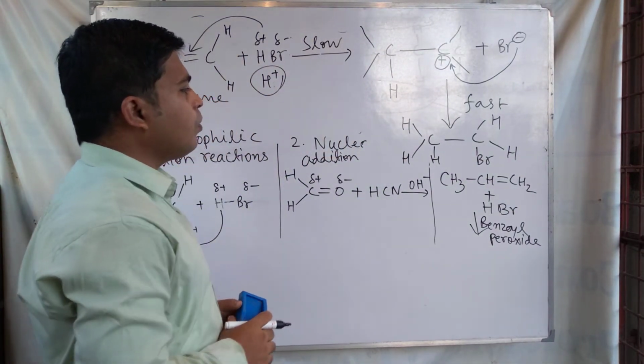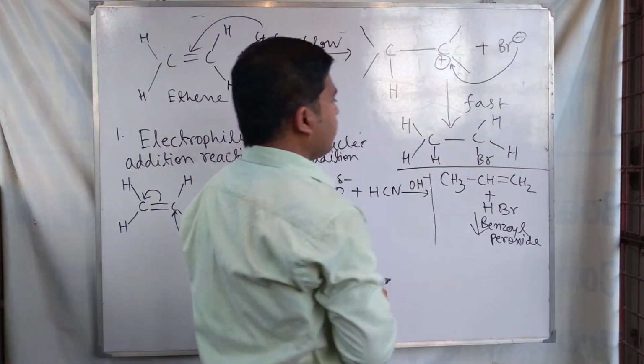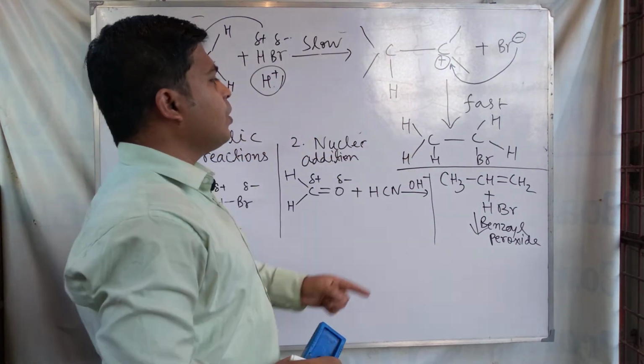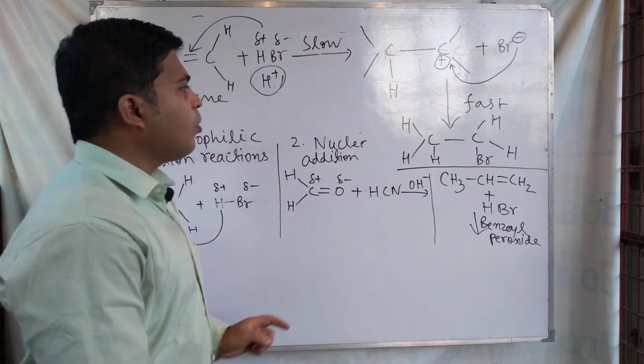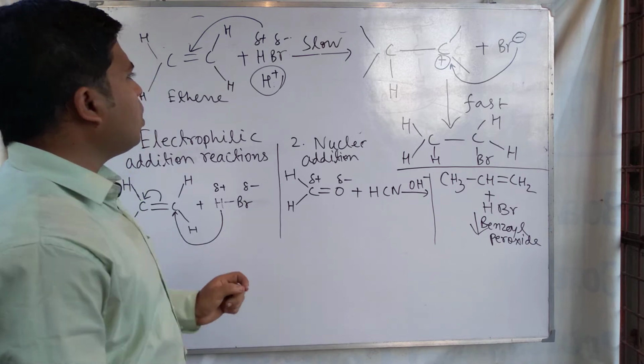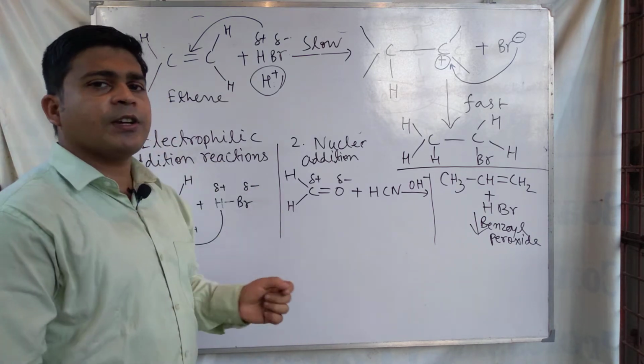Ethyl bromide, CH3CH2Br, is formed. So this is the mechanism of electrophilic addition reaction.